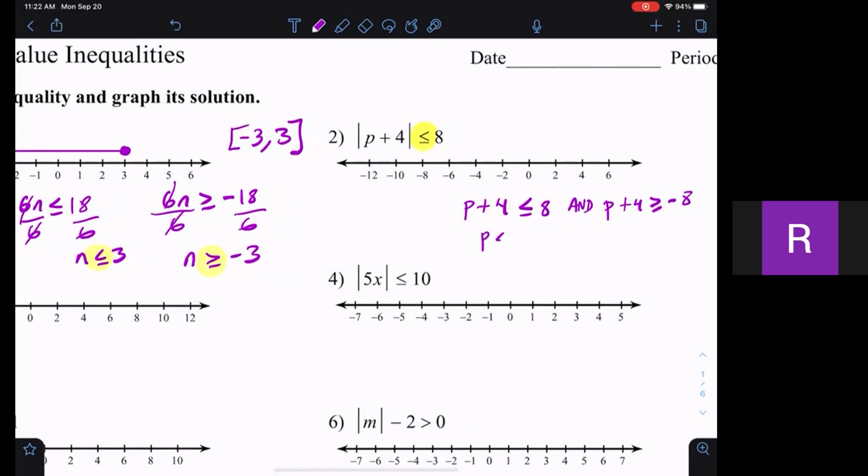So this is going to be p, subtract 4 on both sides, you get 4, and then subtract 4 on both sides, you get negative 12. So you know that this is an and statement, so you go to negative 12, and then you go to 4, and you know that this is the intersection between these two. So that's your answer. In interval notation, you would put negative 12, that's included, and then 4 is also included. So that's the answer, right?